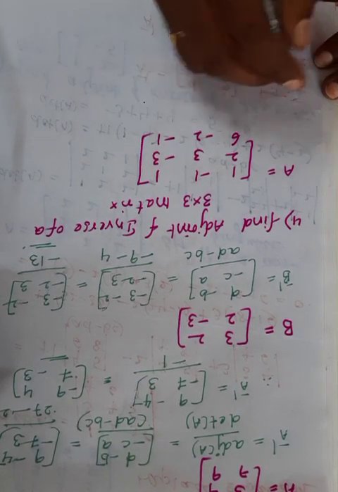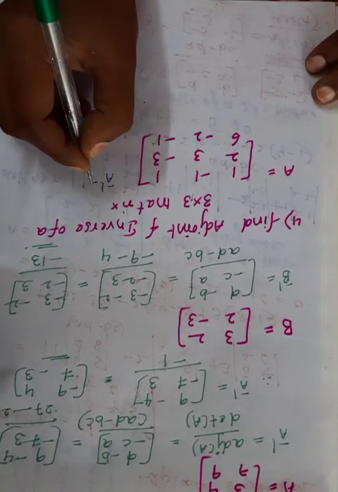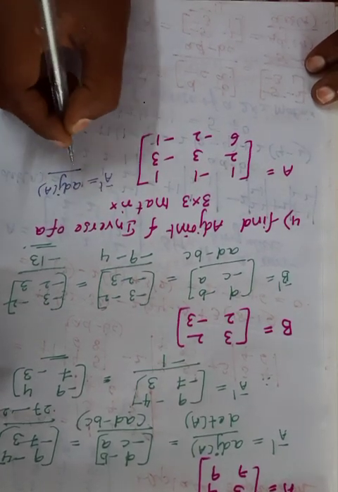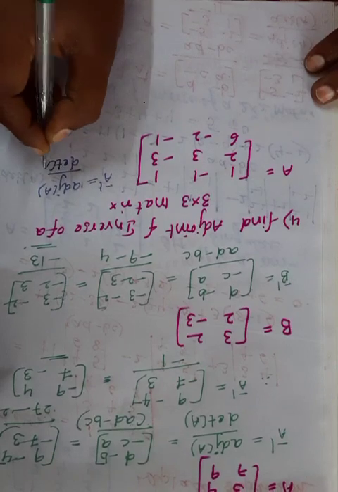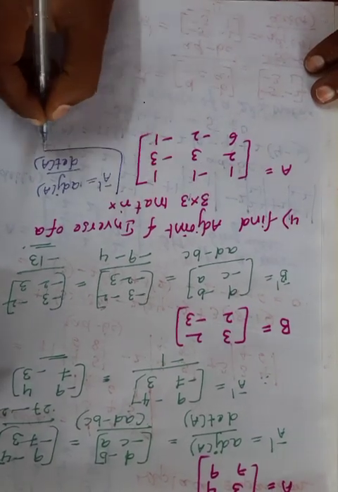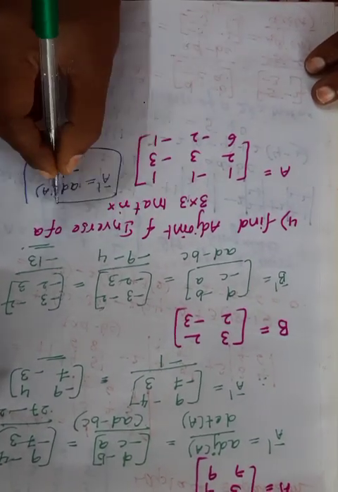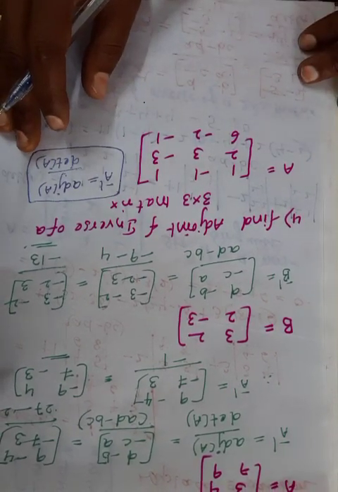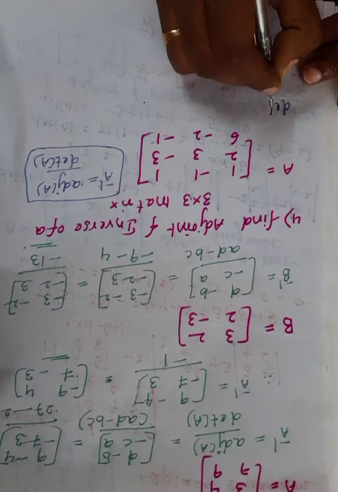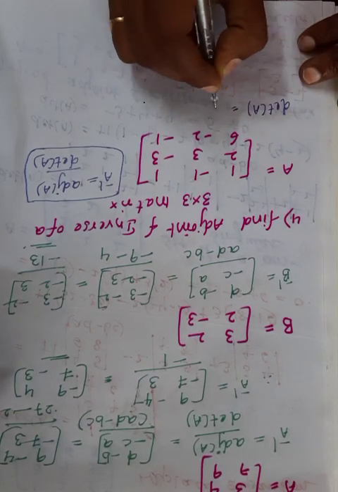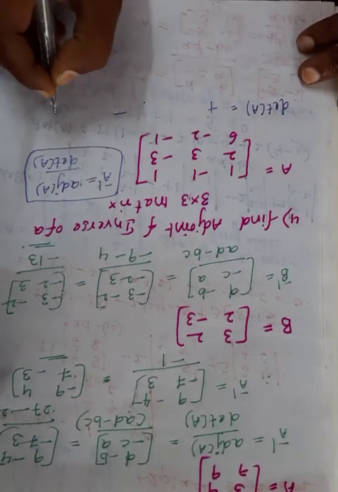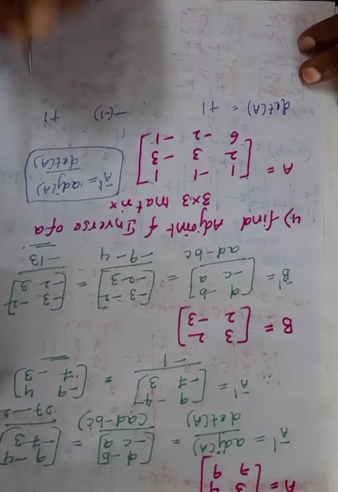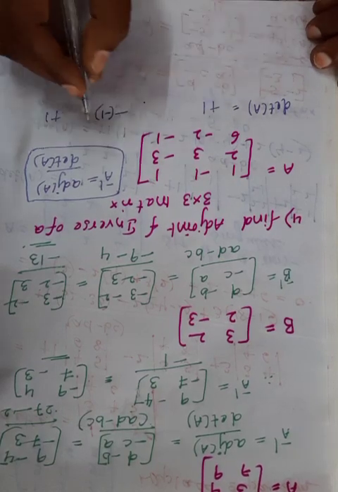So here A inverse is equal to adjoint of A divided by det of A. You must remember this formula well. This is our main formula. So here first of all we have to find the determinant of A. Det of A is equal to plus minus plus, 1 minus 1 1. So here I am using Laplace expansion.